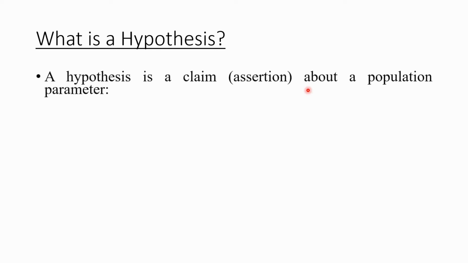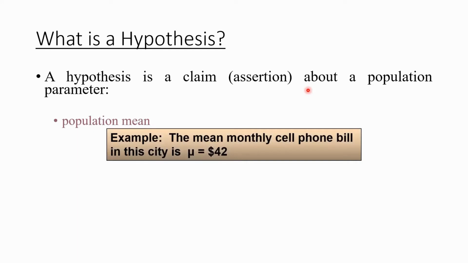For example, if you take population mean, this could be a hypothesis. It says the mean monthly cell phone bill in this city is mu equals $42. That is a hypothesis because you're making a claim about the population mean. And what is the population mean here?